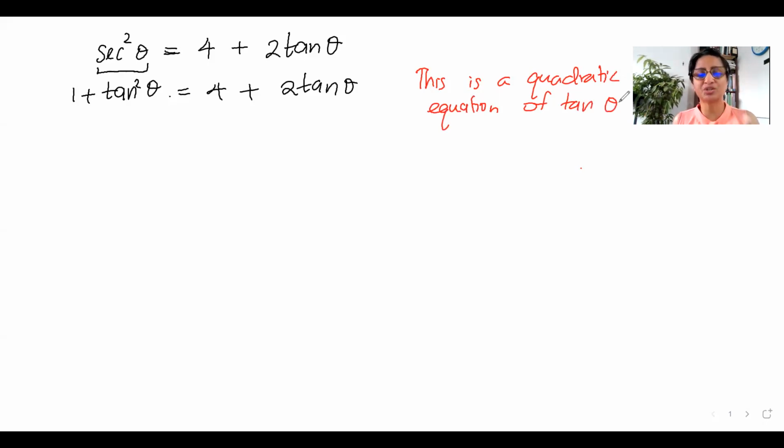small substitution. Let me relabel. I will write this with a different label. Then you will see that it is a quadratic equation. Shall I? This is optional. I'm just doing this for you to be able to clearly see that it is a quadratic.